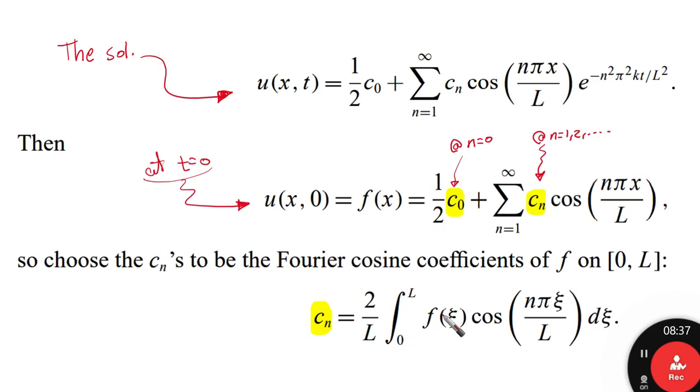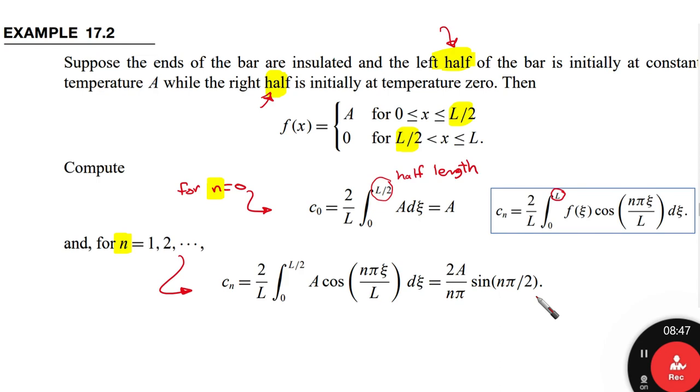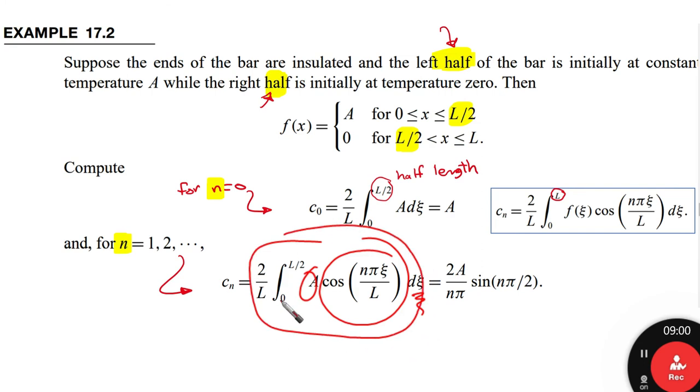Let's go back here, f of z cosine n pi z over L. This one is going to be A, and z is the integration variable. After the integration, we are going to have 2A over n pi, sine, because this was cosine, sine of n pi over 2.